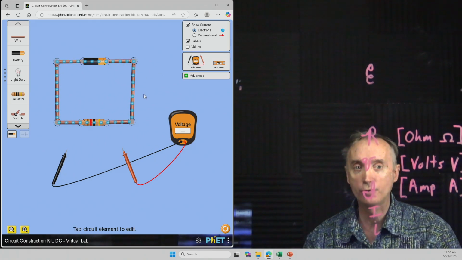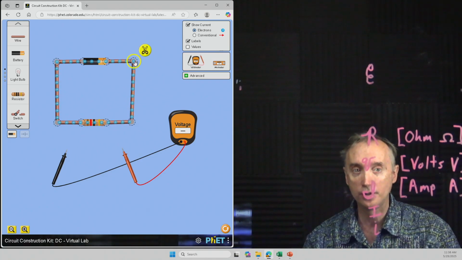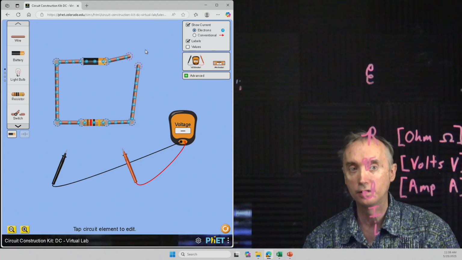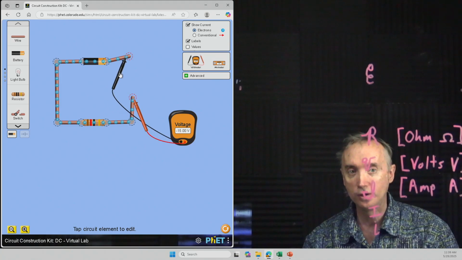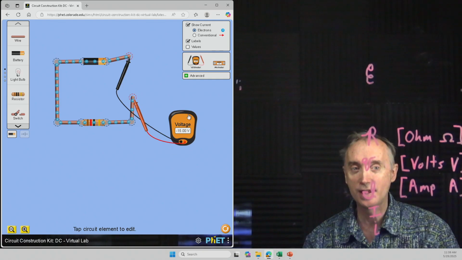Now, how do I open the circuit? So if I click on there, do you see I get some scissors? And then if I click on the scissors, I can open up the circuit. So I could put the voltmeter in there. Now you don't want to do this, but we could put the voltmeter in there like this, and then it tends to damage the voltmeter if you do that.